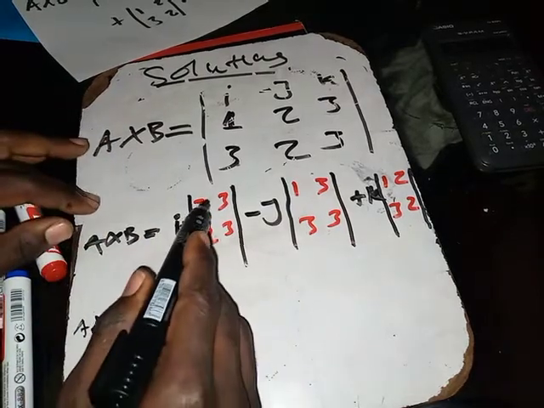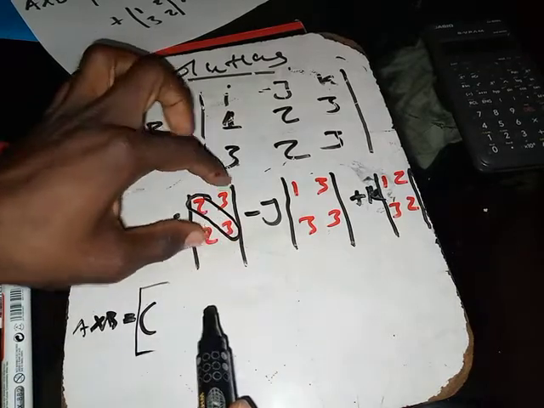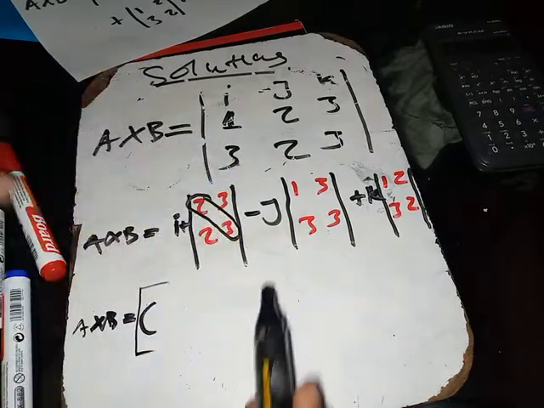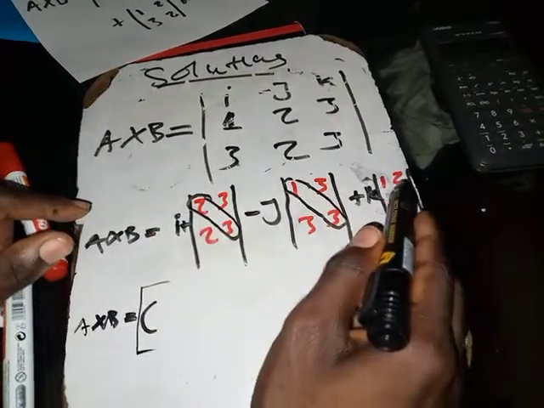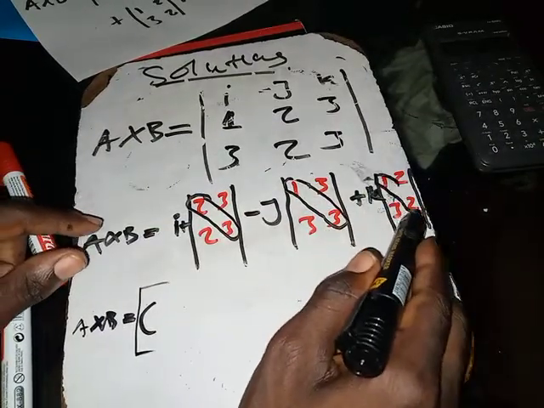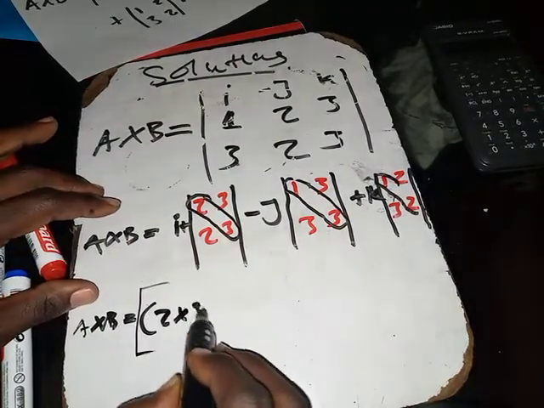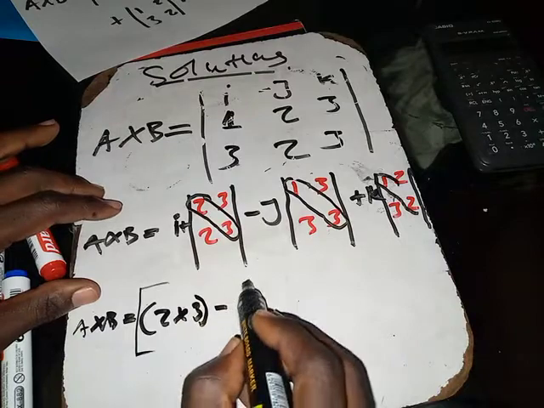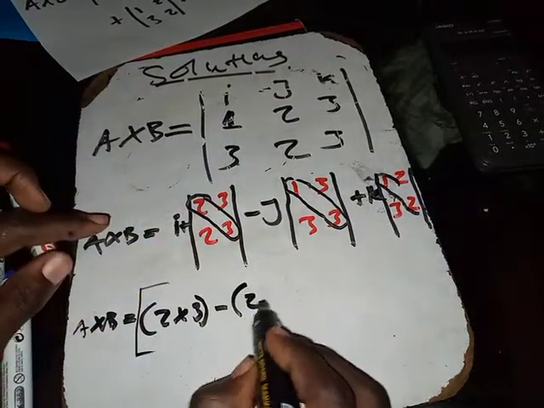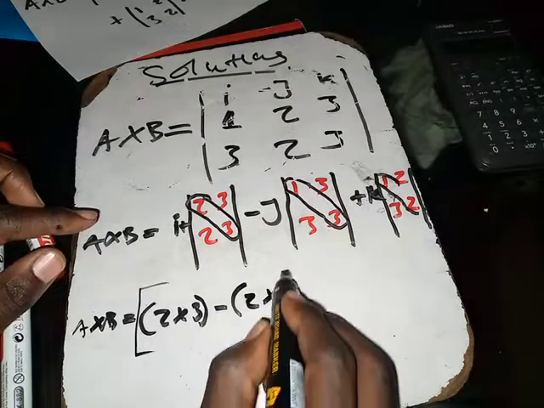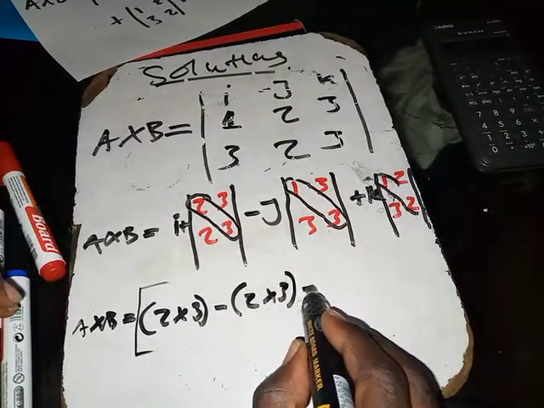So the major diagonal is this, then this is the minor diagonal. Always whatever faces this side is the major diagonal, this is the major diagonal, and also this is the major diagonal. All right, so I'm going to say 2 times 3 minus the minor diagonal, this one, which is 2 times 3. Okay, then minus.